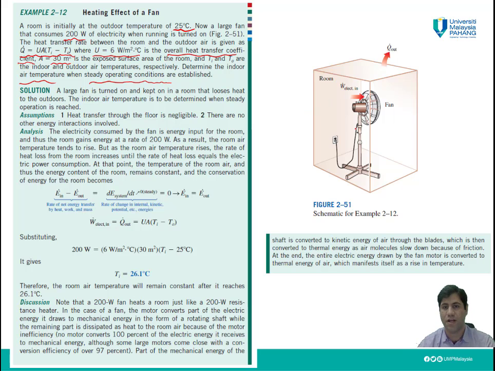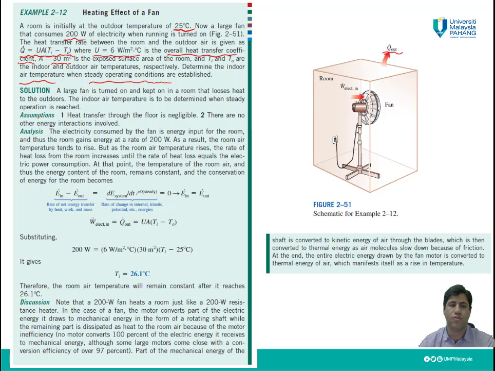But as you notice here, if we simply look at the energy transfer for this system, the air inside the house, the electric power comes to the system, which we call W dot electric in, and thermal energy goes out from the system by heat transfer, Q dot.